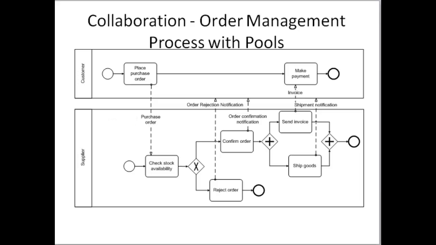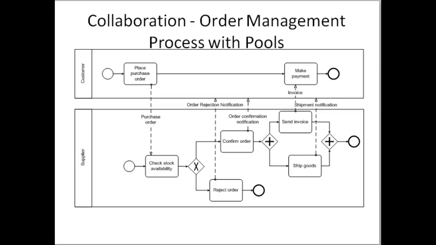The order management process now includes the customer as a process participant. The order management process is started when a customer places a purchase order. The purchase order has to be checked against the stock availability of the product.